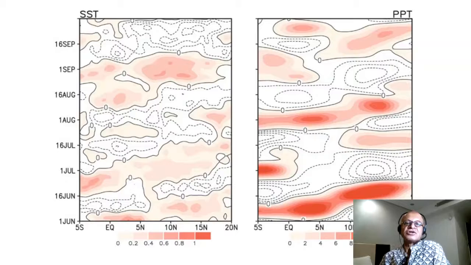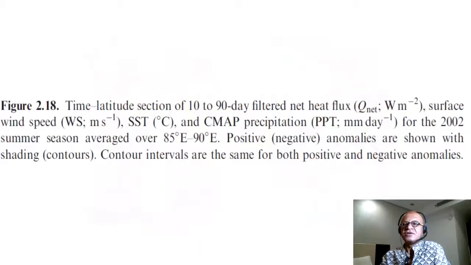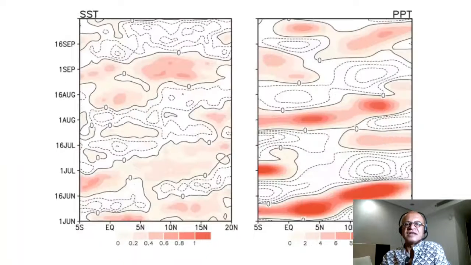But the general conclusion would be that the atmosphere is driving atmospheric intraseasonal variability through the heat flux, driving sea surface temperature variability, which means that the MISOs, at least the precipitation associated with the MISOs over the Bay of Bengal propagating along these latitudes and the longitude of 85 to 90 degrees east, are mostly internal variability of the atmosphere with feedback from the ocean.